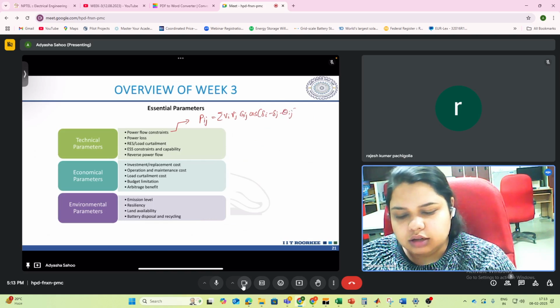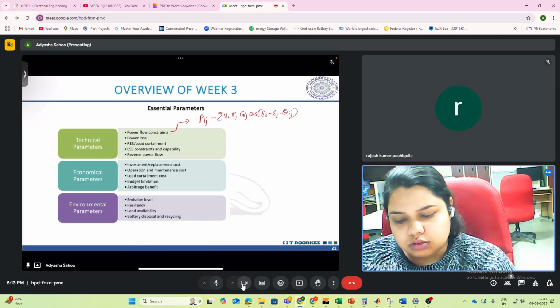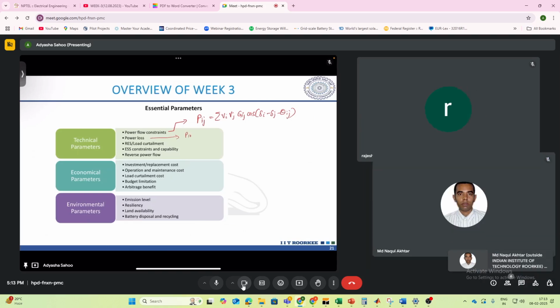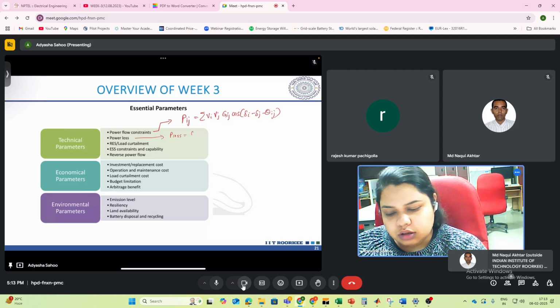So something like that, right? So those are your power flow constraints. Then similarly, power loss constraints are there, where the P loss is generally given by G theta square, theta ij square.